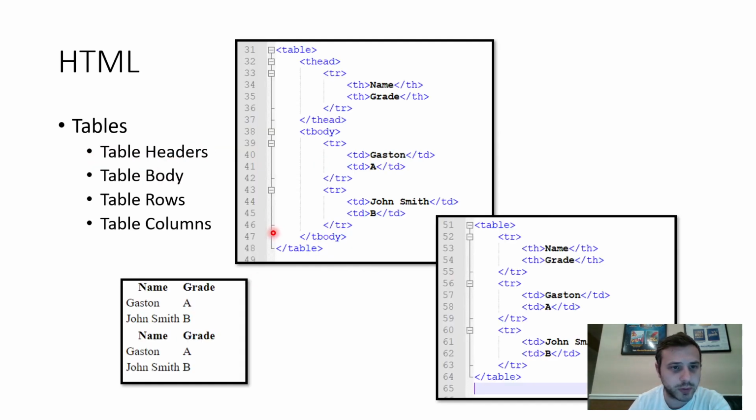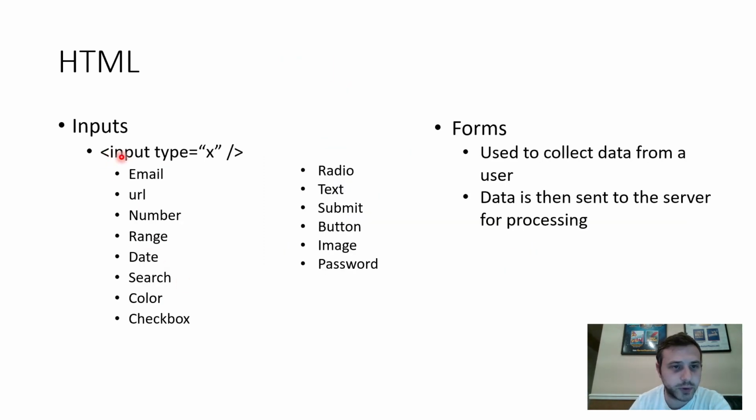The way that we wrote the table and header and tr, you would write this the same. So input, but then this is called the attribute type, and then the value in that attribute would be email, URL, number, and so on. So just so you guys know how that's written.